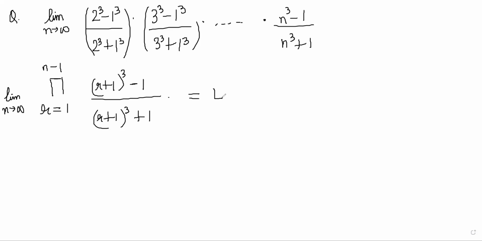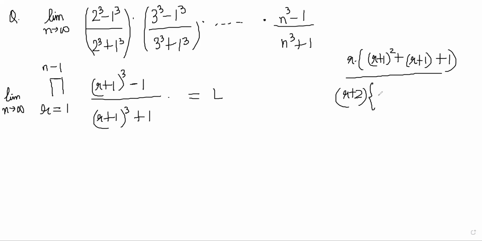Now there are multiple ways to handle this. Let me just try one thing. First I will try to simplify this and see what comes in general in terms of r. So a cube minus b cube will be a minus b into a square plus ab plus b square, and a cube plus b cube is a plus b into a square minus ab plus b square. So on top here you have r into (r plus 1) whole square plus (r plus 1) plus 1, and at the bottom r plus 2 into (r plus 1) whole square minus (r plus 1) plus 1, right?